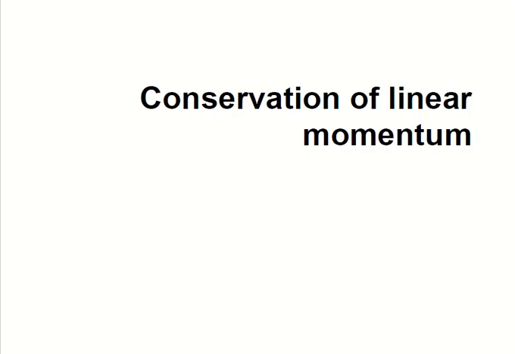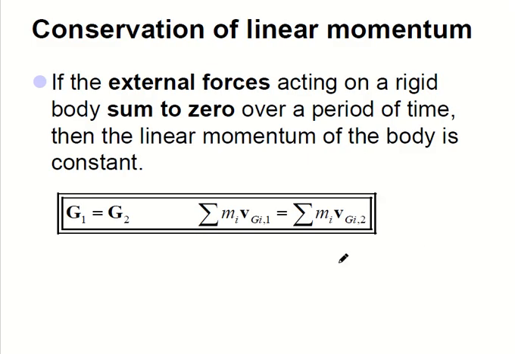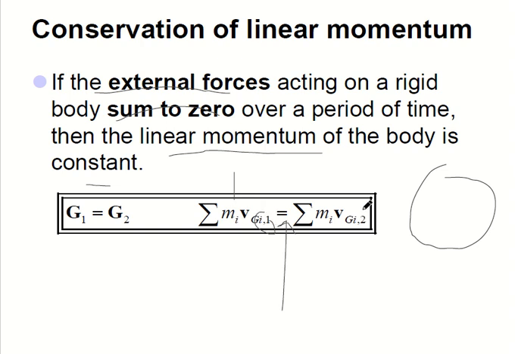Now let's take a look at the conservation of linear momentum. If we want to conserve, we've got to understand that if the external forces acting on that rigid body are zero over a time period, your linear momentum is completely conserved, meaning constant. So here we can equate the initial and the final situation in this way.